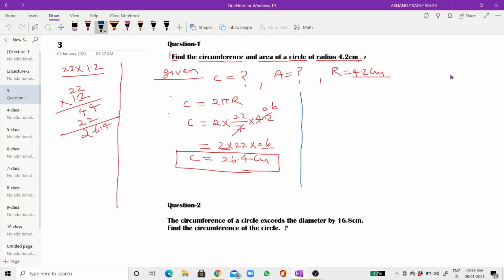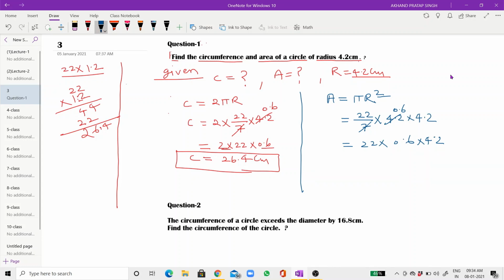Now the calculation for area. We know that area is equal to pi r square. So we put the value, pi is 22 upon 7 and r is 4.2 into 4.2, because r square. So 7 sixes are 42, it becomes 22 into 0.6 into 4.2.